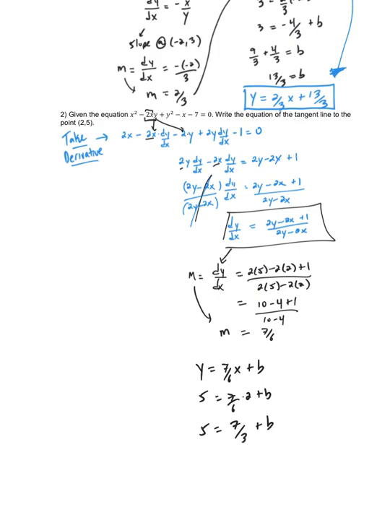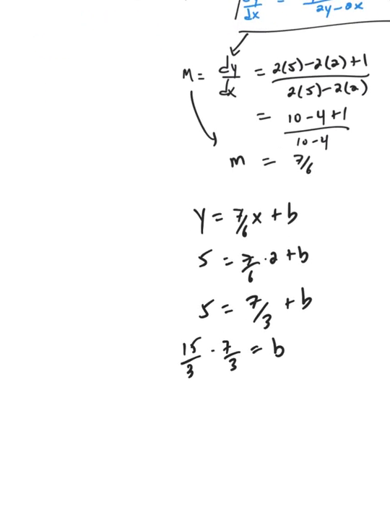I'm going to express that 5 as 15/3, and then we're going to subtract 7/3 from it to get our y-intercept in the form of a fraction, and we're going to get 8/3 is equal to b. So the tangent line, after all that hard work, is equal to y equals 7/6x plus 8/3.